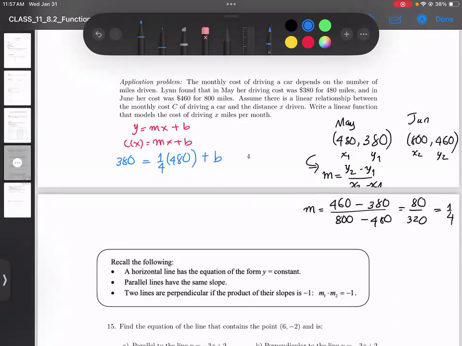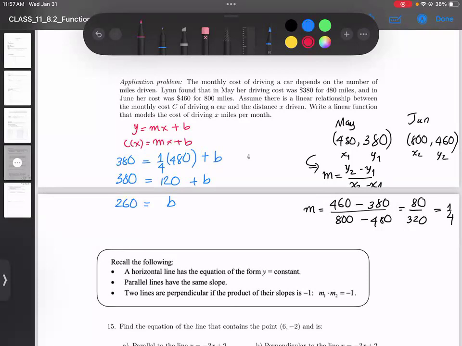Then solve for b. 380 equal 480 divided by 4, which is 120, plus b. Subtract 120 from both sides. b is 260. There you go, done.